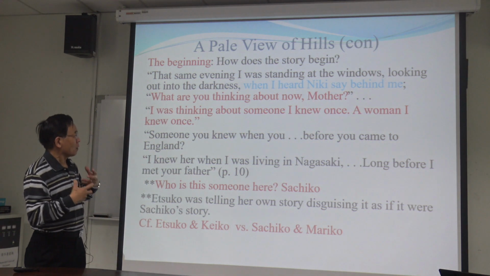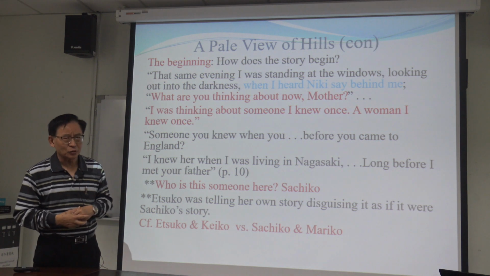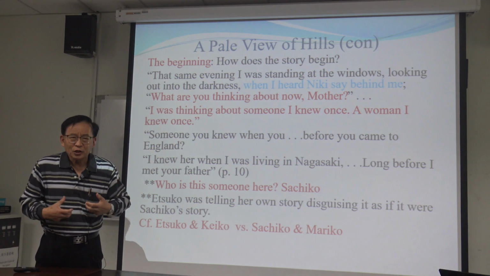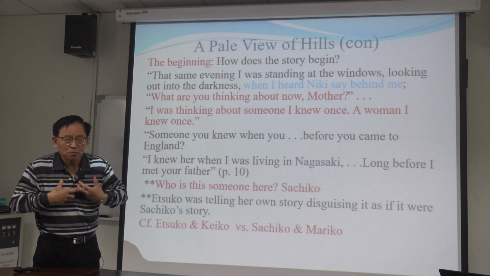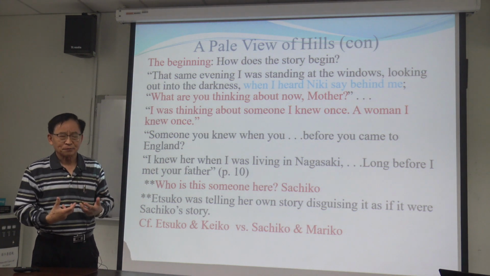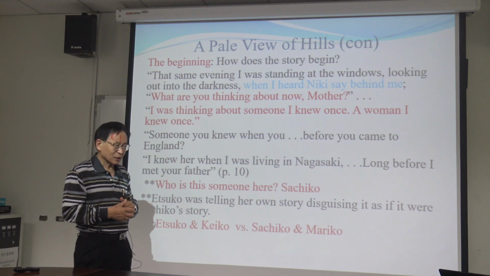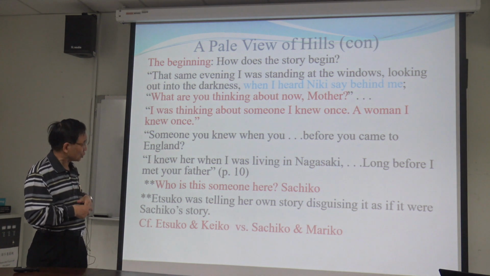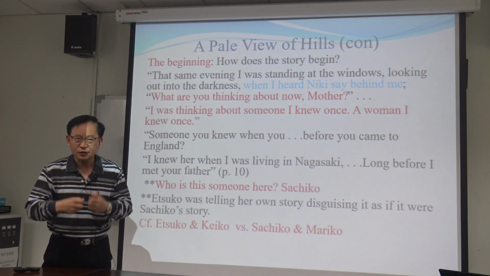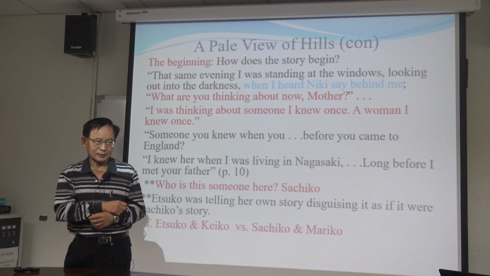And in A Pale View of Hills, we come to realize the speaker, the storyteller, always uses I all the time. By using I, we could argue the narrator, the storyteller in this novel is a first-person narrator.